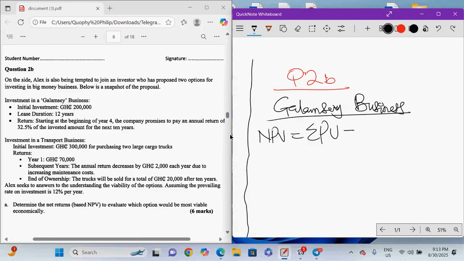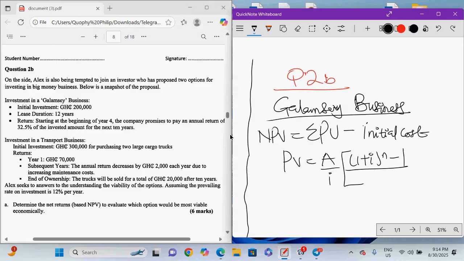The summation of the present value minus the initial cost. Right. So we've been told that. So now, what is the present value? Present value is just A over i, bracket 1 plus i to the n minus 1, all over 1 plus i to the n, bracket close.